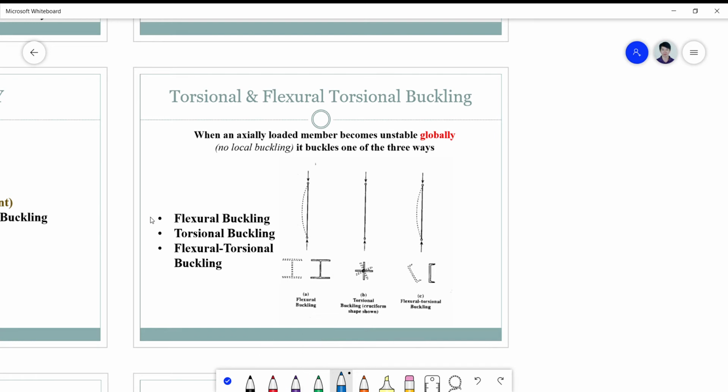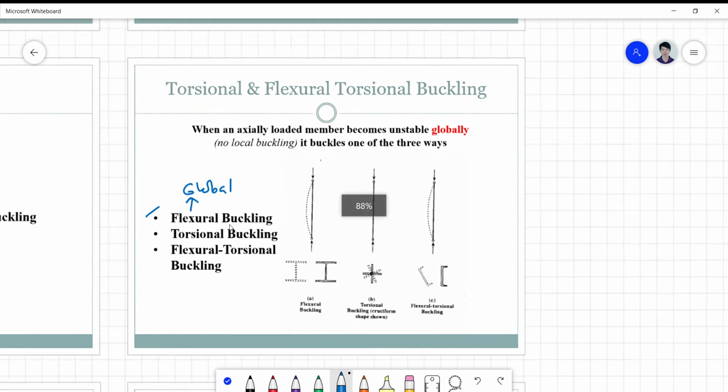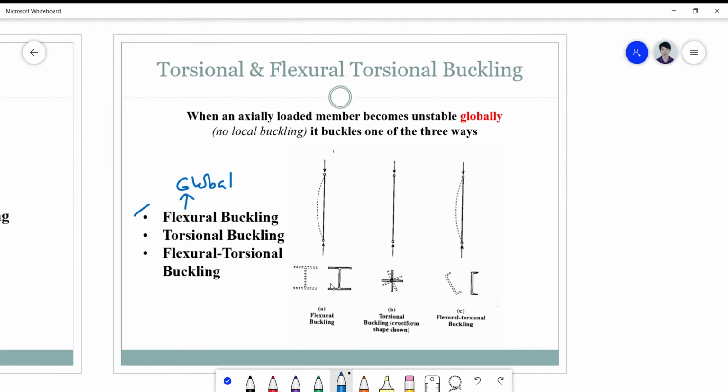So for the first buckling, which is called the flexural buckling or simply the global flexural buckling, the consideration of such buckling is rather axisymmetrical.